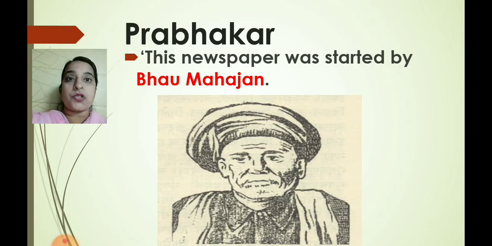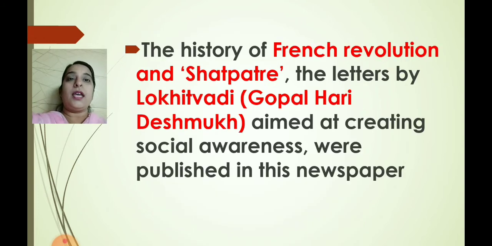Now Prabhakar. Now children, Prabhakar newspaper was started by Bhau Mahajan. The history of French Revolution and Shatpatre, that is the letters by Lokhitwadi, Gopal Hari Deshmukh. Gopal Hari Deshmukh was named as Lokhitwadi. So the history of French Revolution and Shatpatre, the letters by Lokhitwadi, aimed at creating social awareness, were published in this newspaper.